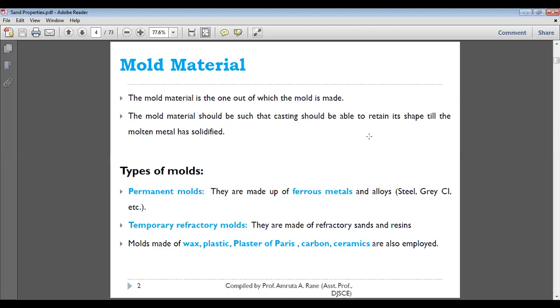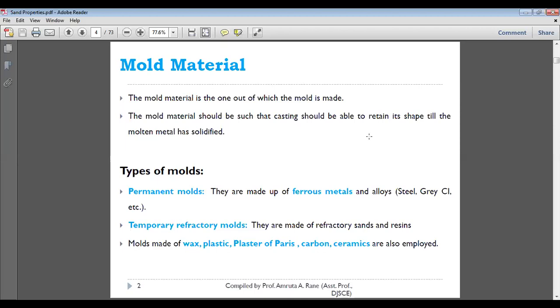Third, molds are also made of wax, plastics, plaster of Paris, carbon, ceramics. But these are used for non-ferrous metals and for metals that have very low melting temperature. These non-ferrous metals also don't serve commercial purposes.